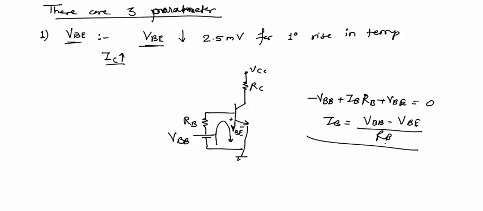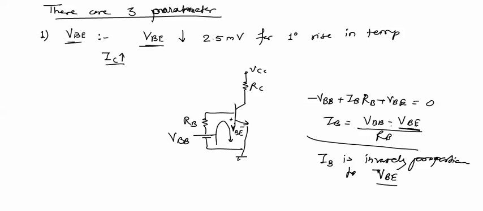Now here we can see that IB is inversely proportional to VBE, because if VBE increases, as it is with negative sign, so with increase in VBE, IB decreases.